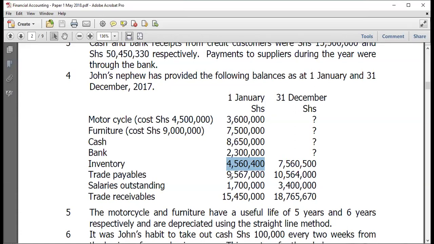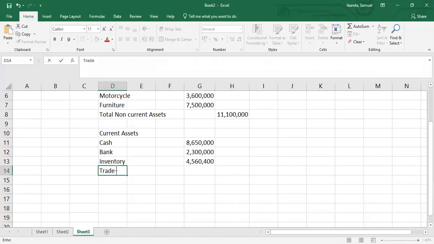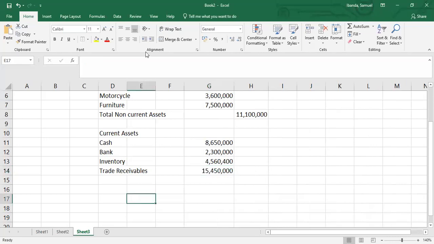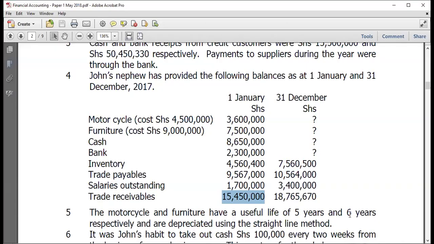Salaries outstanding, those are also liabilities. Trade receivables is the other that I'll take, trade receivables or debtors. It is about 15 million. Mine is to search and see, do I have any other that I've not captured? I don't seem to see any.